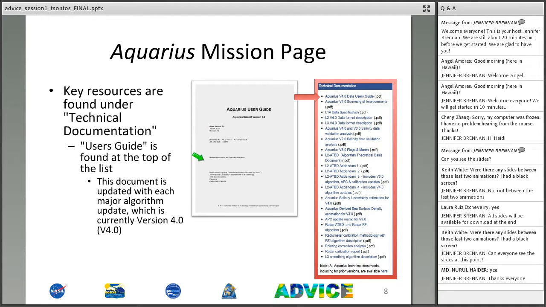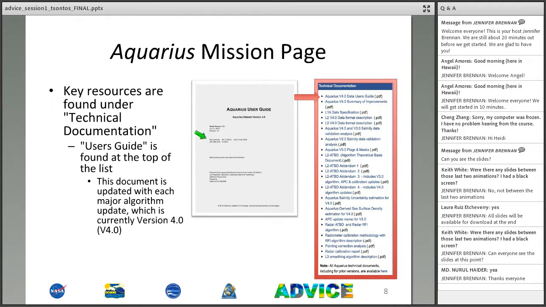First and foremost amongst these is the Aquarius version 4.0 Users Guide. Now, every time a new version of the data is released, this user guide is updated, as is a lot of the other documentation that's available under these technical documentation links on the mission page.